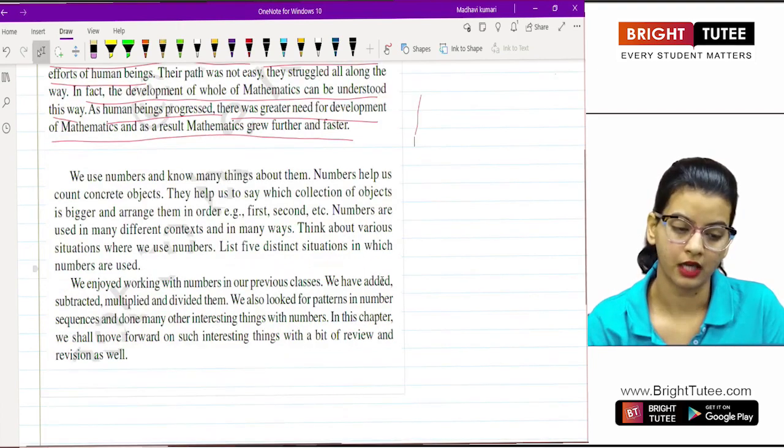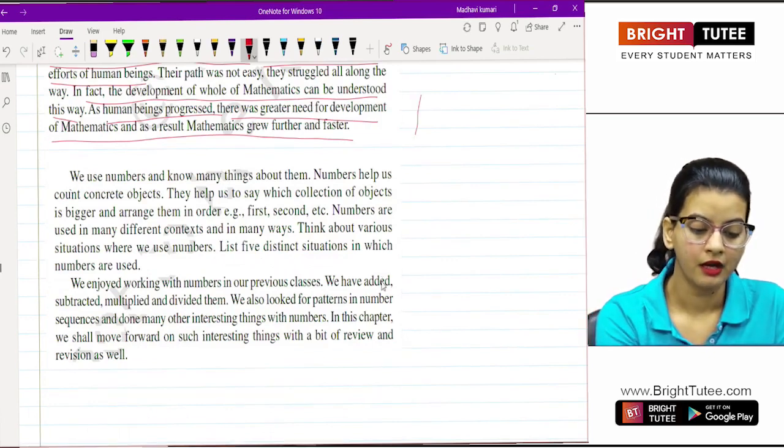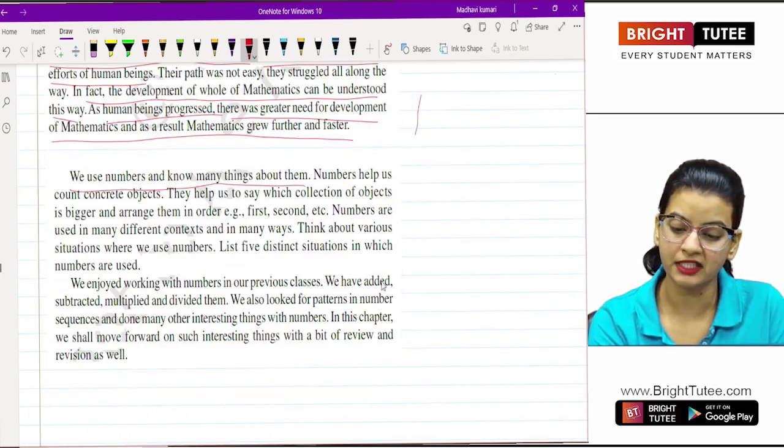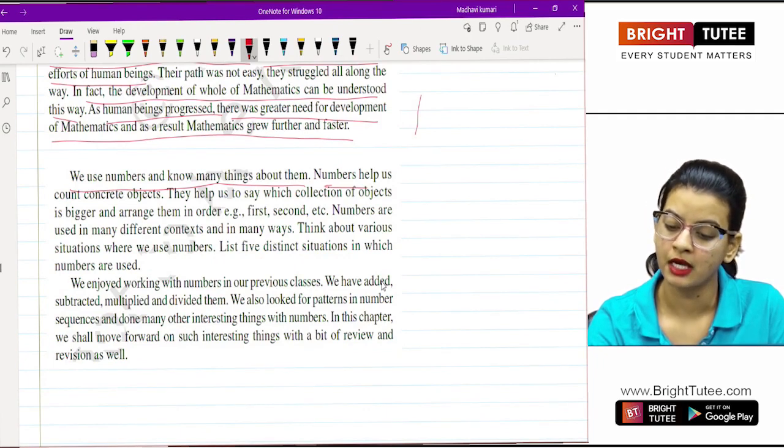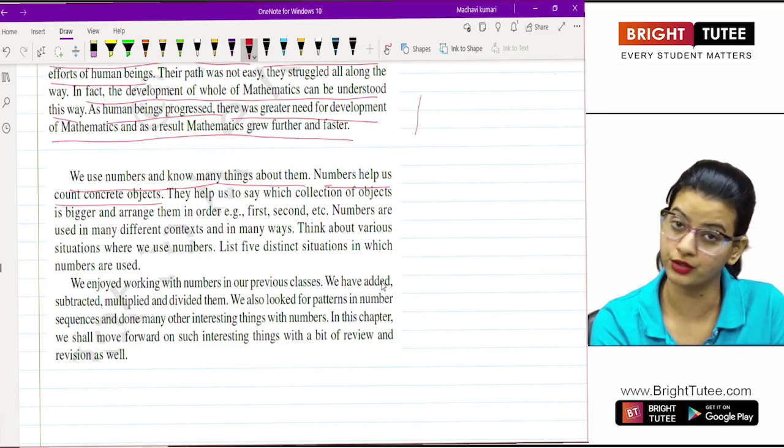All right, now moving ahead, we use numbers and know many things about them. Numbers help us count concrete objects.